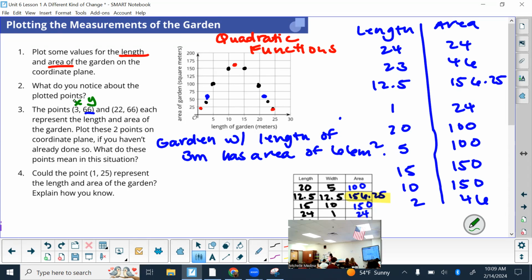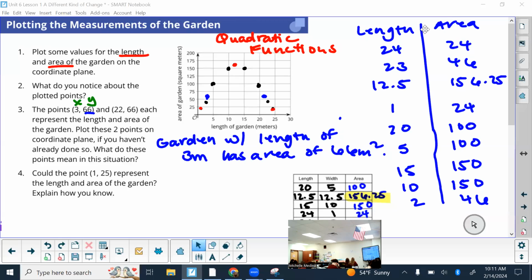Share. Haley, could that point represent the length and area of this garden? And why do you say no?